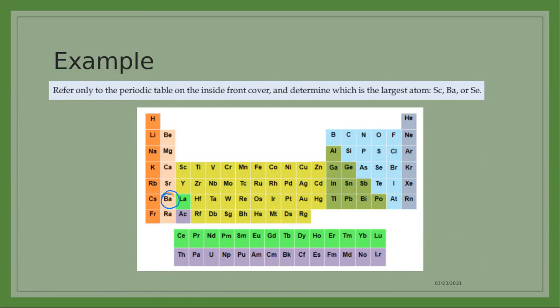And then this is the scandium, and then this is the cerium. Please arrange these atoms by atomic radius. Which one is the biggest? Which one is the smallest atomic radius? This is the first shell, second, third, 4, 5, 6, 7.